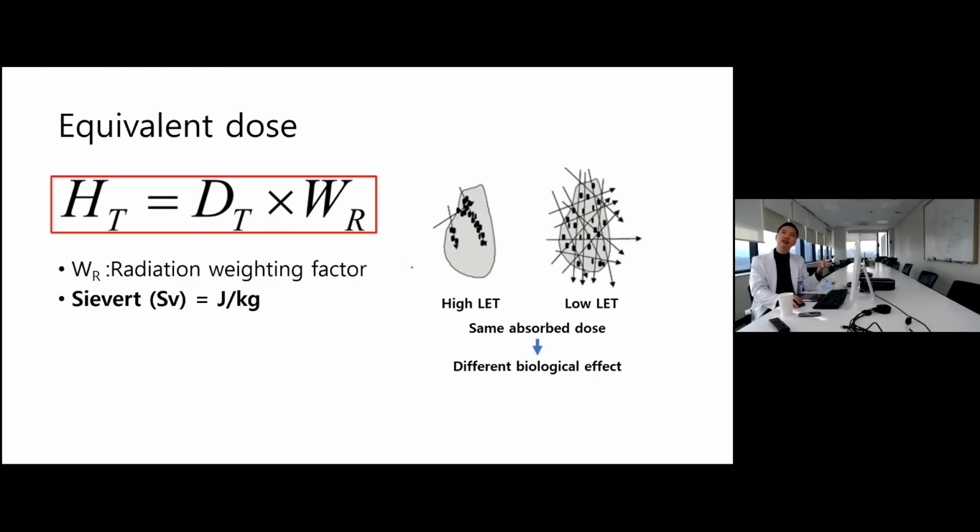As you can see in the graph, the number of black dots refers to the absorbed dose. Although the number of dots is the same, so these two have the same absorbed dose, you can imagine that they will have a different biological effect. This high LET will have a more detrimental effect on the tissue compared to the low LET, which has a very homogeneous effect on the tissue.